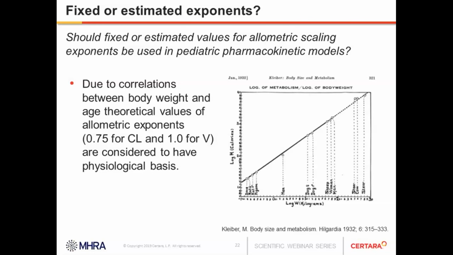We also know that in practice, and I think Nastya will show this in one of her examples, that sometimes changing these exponents and using different exponents will not always result in a substantial consequence. However, we do believe that 0.75 for clearance and 1 for volume is useful for the prediction of drug clearances in children, primarily over the age of 5 years.